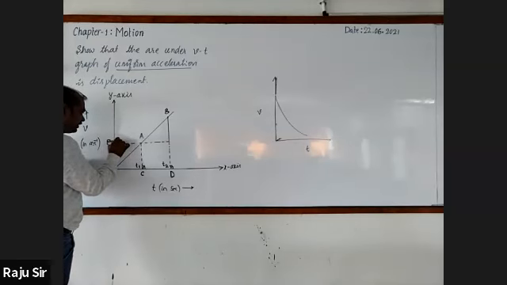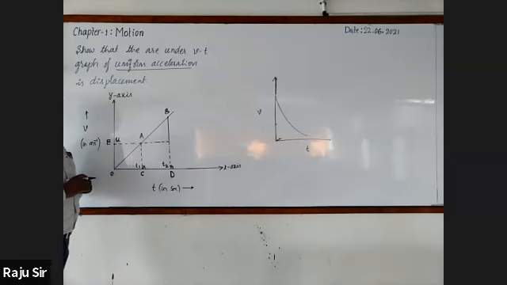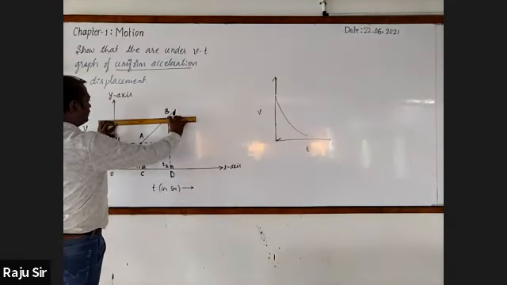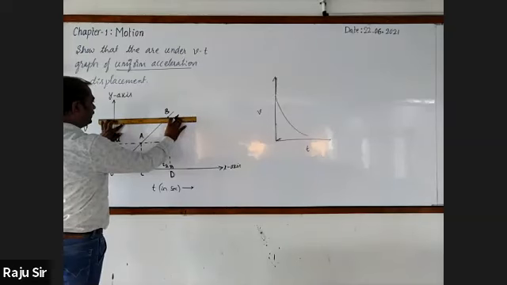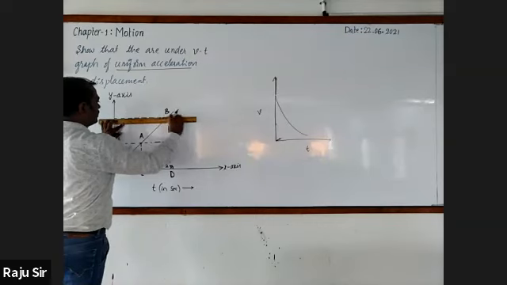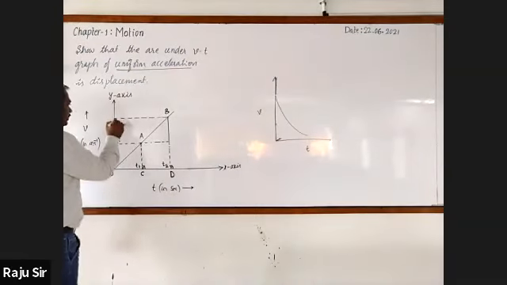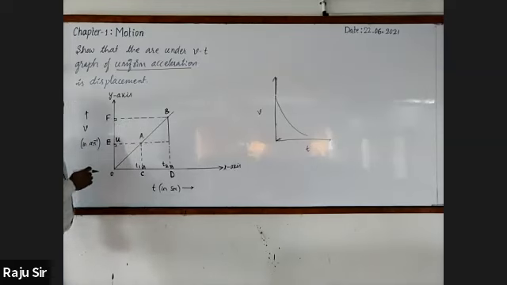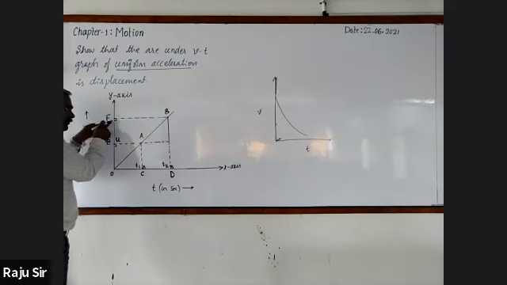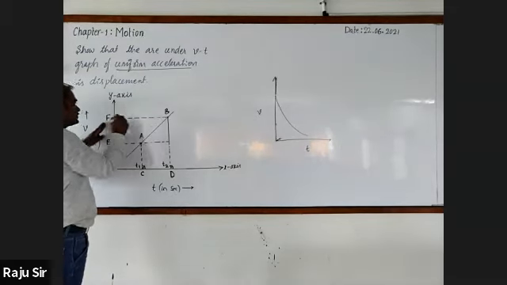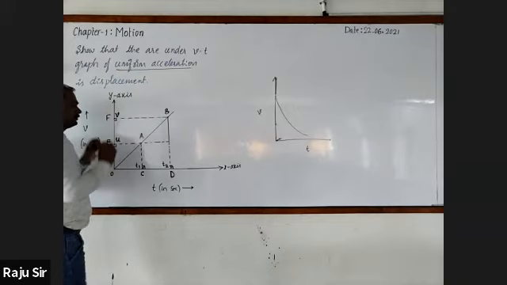I take that initial velocity as U. Similarly, draw another parallel line to the x-axis through B. I call this point F. BF is perpendicular to the y-axis, where F represents the final velocity of a body and is denoted as V.